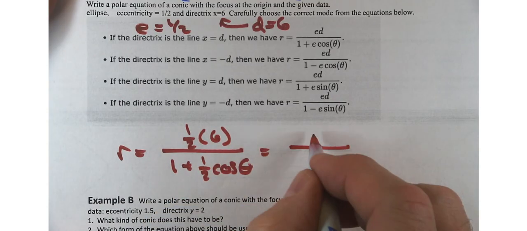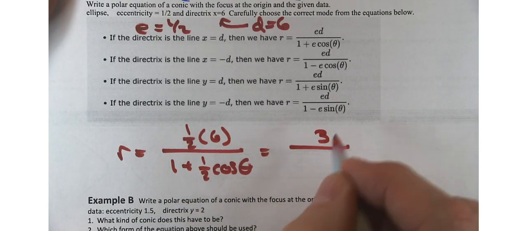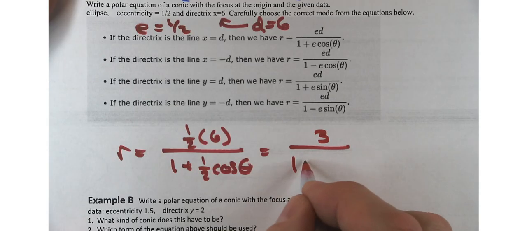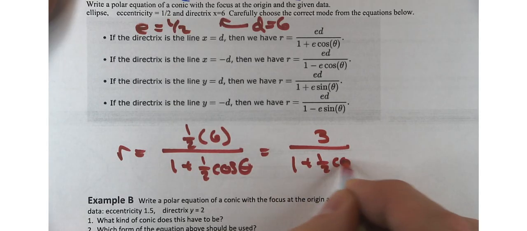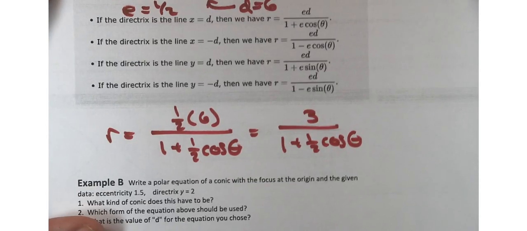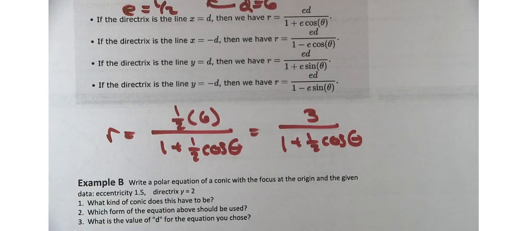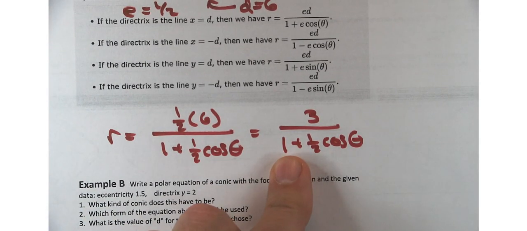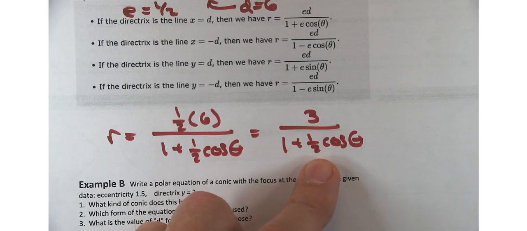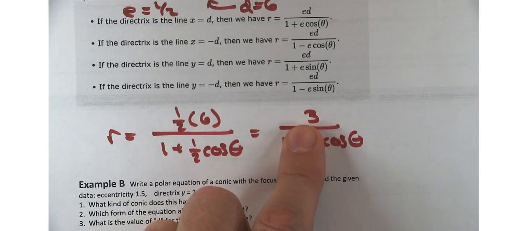You can clean that up a couple steps. You can write it as 3 over 1 plus 1/2 cosine of theta. And I'm fine with that. I like that because I've got the 1 here, and I know that this has to be the eccentricity, and then I can figure out that D must equal 6 from this.